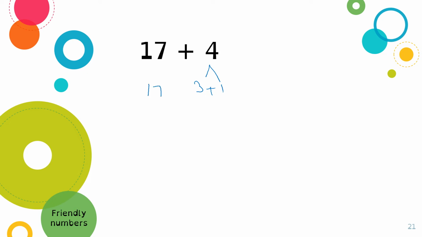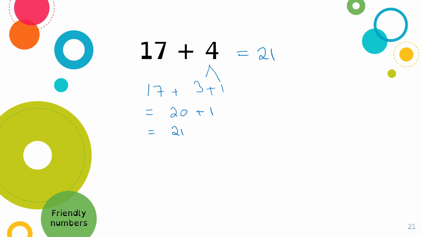And then if I do 17 plus 3, 17 plus 3 is 20. I know that 7 plus 3 gives me 10, so 17 plus 3 is going to give me 20. And now I can just add that 1, and I get 21. So that was pretty easy for me by breaking my numbers up into friendly amounts. Things that I was comfortable and confident with made it pretty easy to add that 17 plus 4.